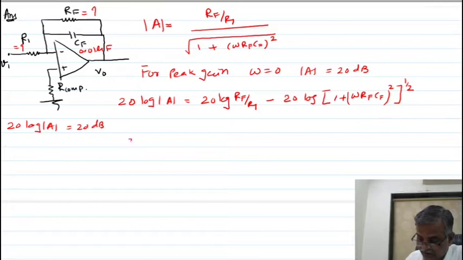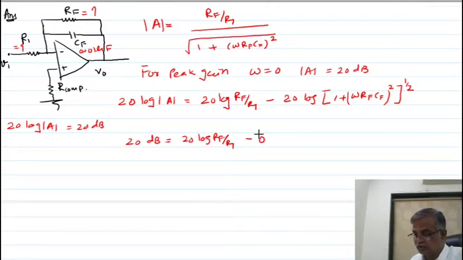Therefore, I can write 20 dB is equal to 20 log Rf by R1 minus 0 here, because omega is 0, so this term is 0, 20 log 1 is also 0, log of 1 is 0, so I am writing 0 here. I think you understand.